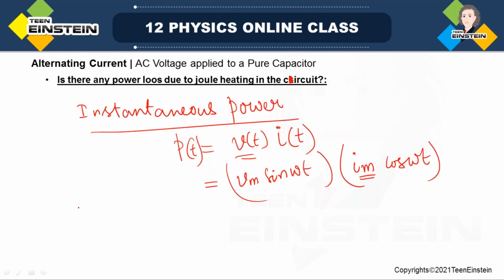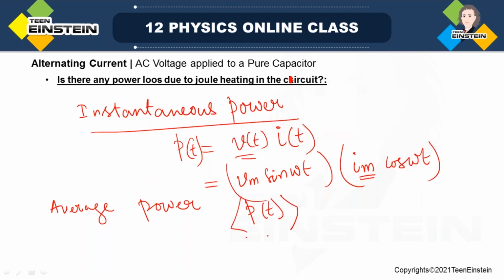So average power dissipated, let us see. Average power dissipated will be the time average of this instantaneous power. This will give you average power, okay?